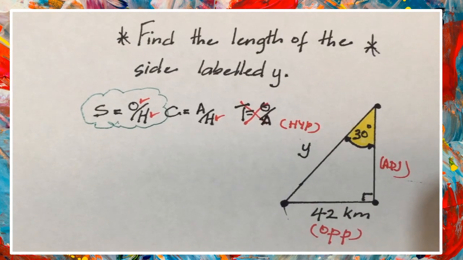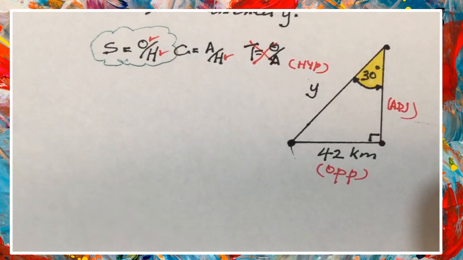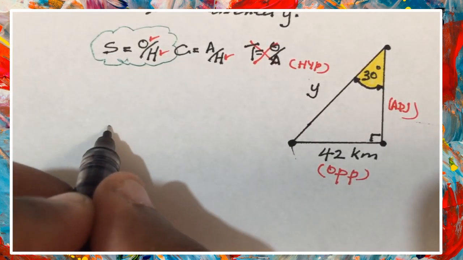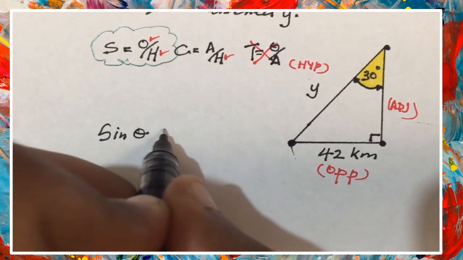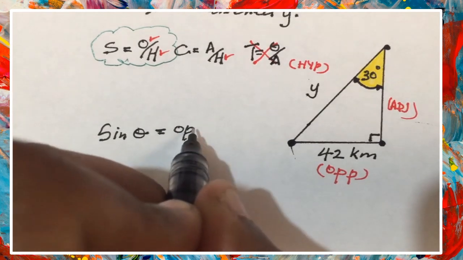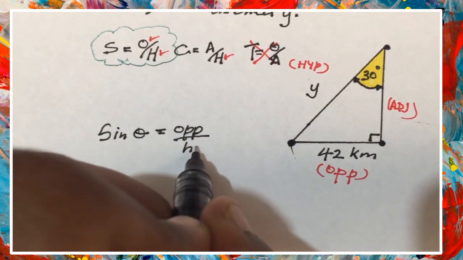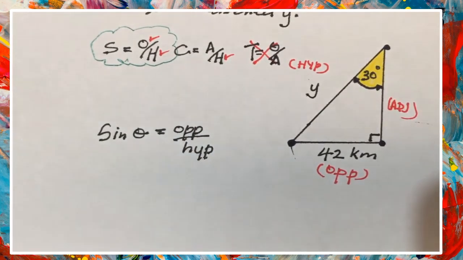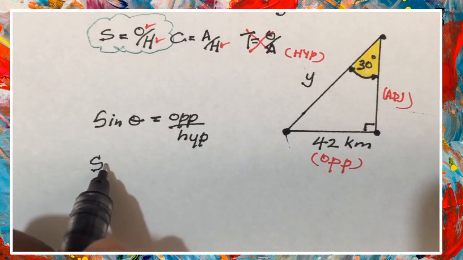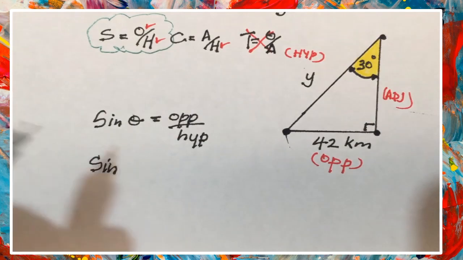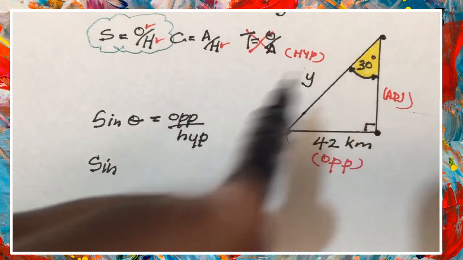Good. So sine says sine of an angle is equal to its opposite divided by its hypotenuse. We're going to refer to the diagram now. So sine of an angle, what is the angle? 30 degrees.